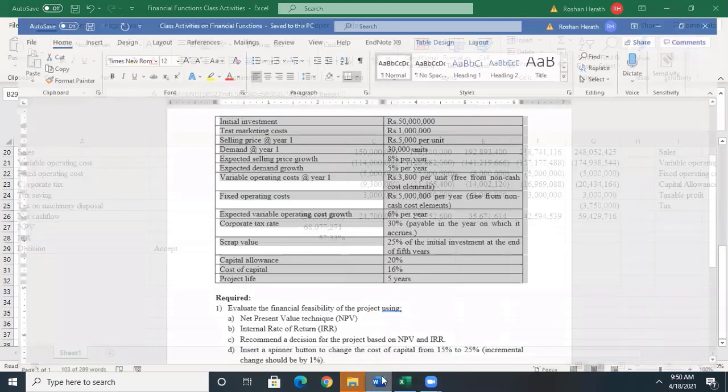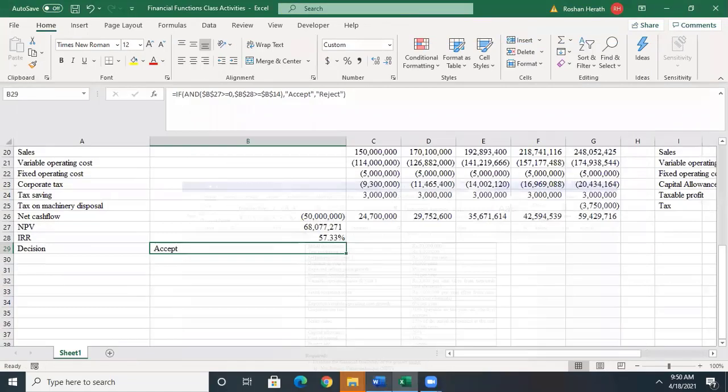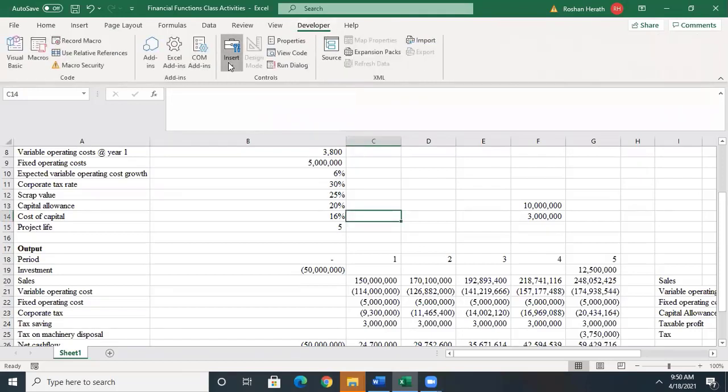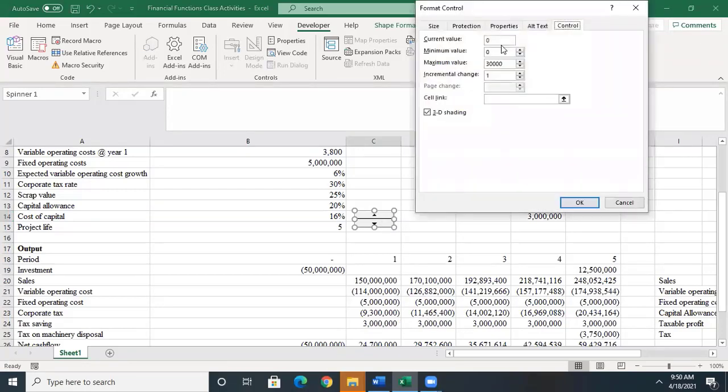And then the final requirement says to insert a spinner button to change the cost of capital from 15% to 25%, with an incremental change of 1%. We have discussed many of these. So for the spinner button, here you got it. Right click, format control. You want to change it from 15% to 25%, right?